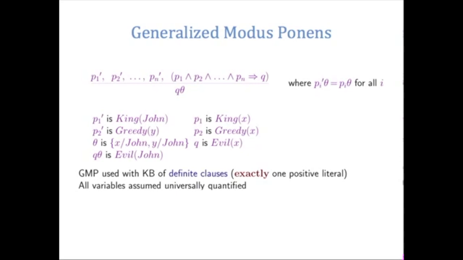And P2 is Greedy X. Basically we're going to bind Y to X, and we'll know obviously that because it's the same substitution for the whole set of clauses, X is going to be John, and therefore Y will be John as well. Okay, so that means that theta is a substitution where X is John and Y is John, and Q will be Evil X, and therefore because we apply the substitution theta to Q, we know Evil John.